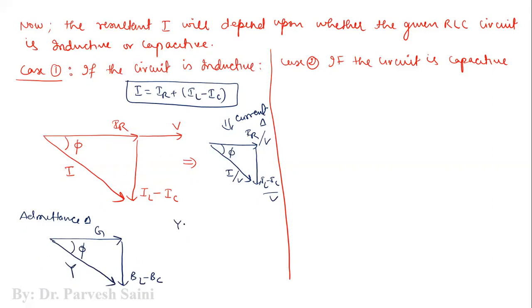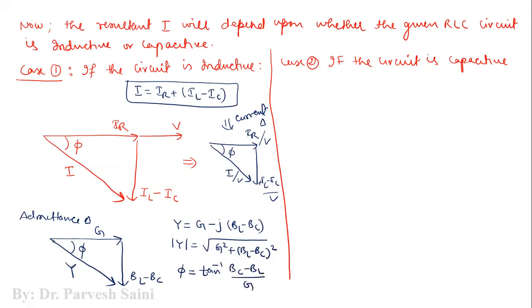So Y is equal to G minus j(BL minus BC). Right. So the magnitude of Y is equal to under root G square plus (BL minus BC) square. And the phase angle is tan inverse of (BC minus BL) by G. This is the phase angle.